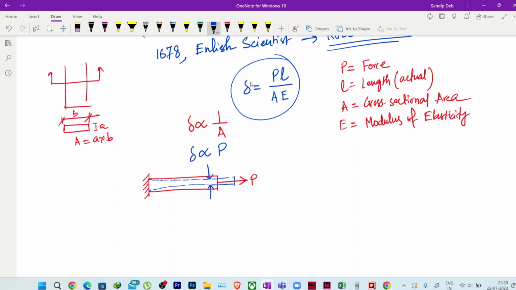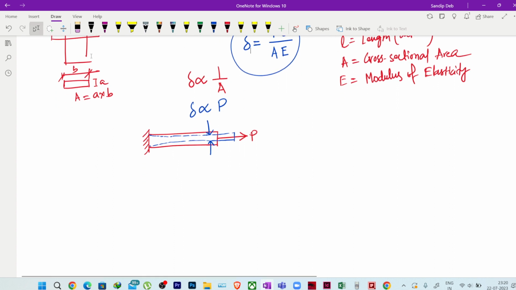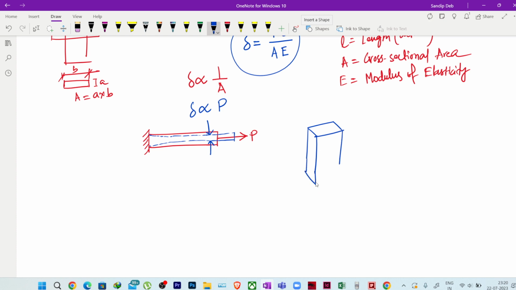Correct? Now, again we will discuss this with a bar only. Suppose this is my bar. I have fixed it somehow.